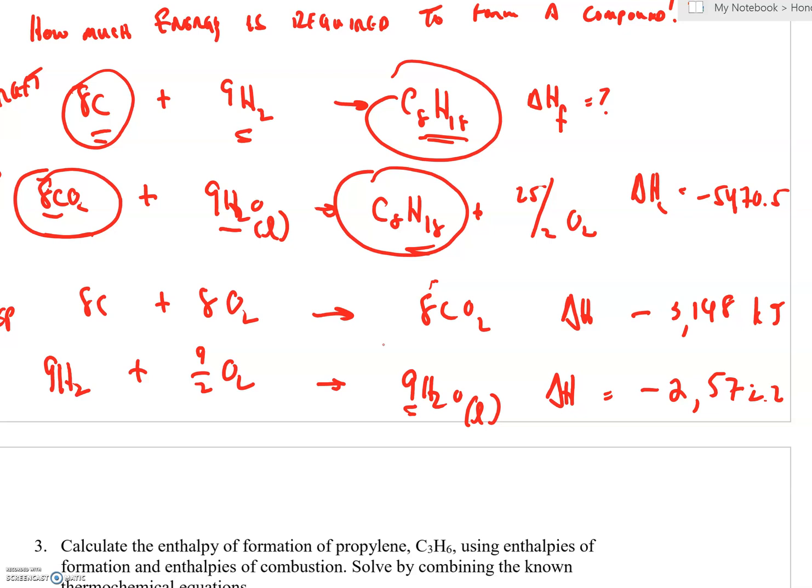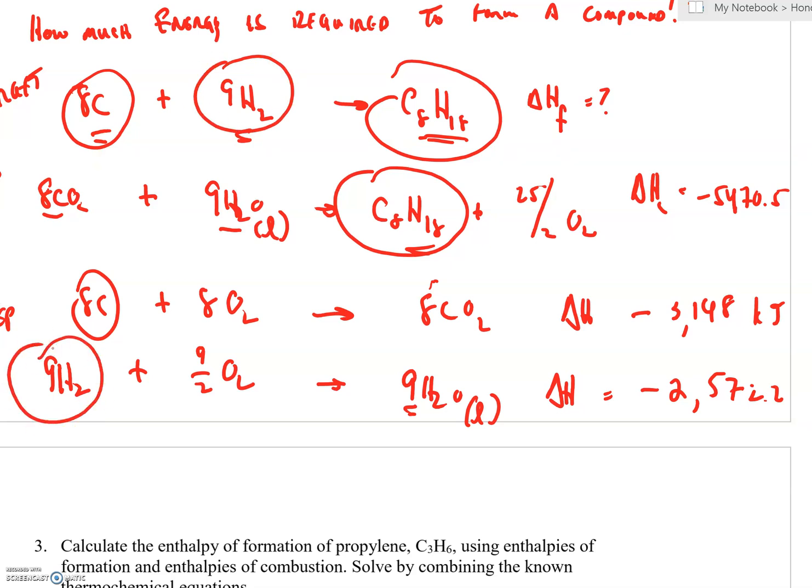So when we do it like this, look what happens. Our 8C shows up in both target and step equations. Our 9H2 shows up in both our target and step equations. We know the C8H18 already shows up because that's why we did this. Let's see if everything else cancels out. This 8CO2 is canceled out by this one.